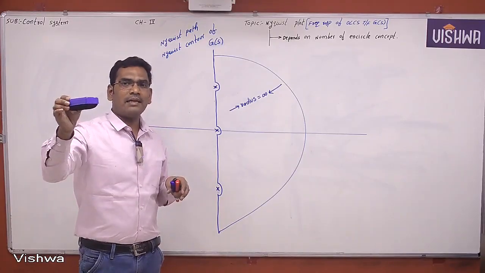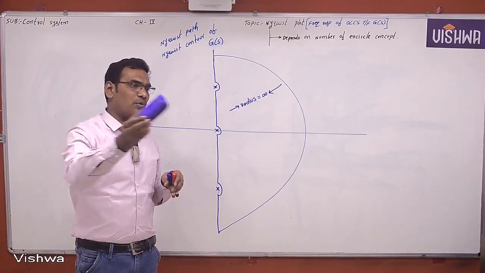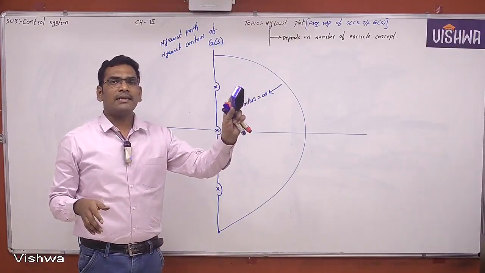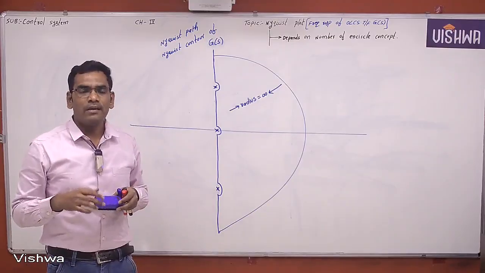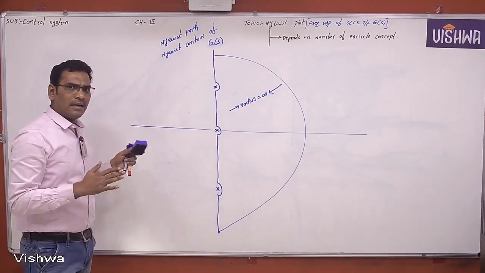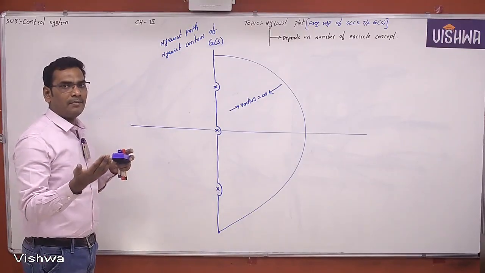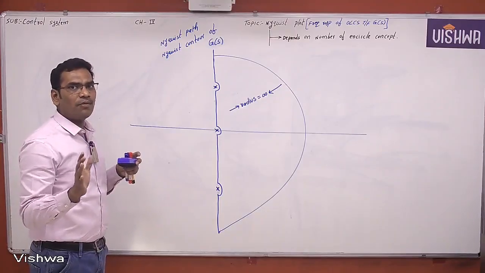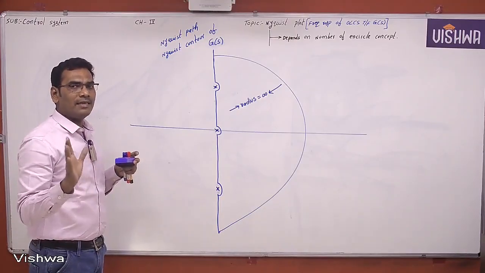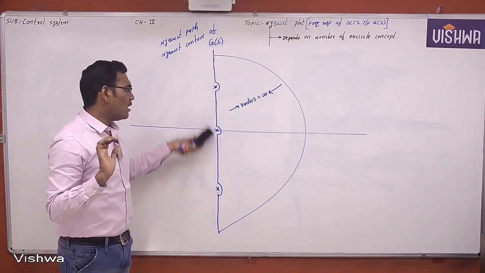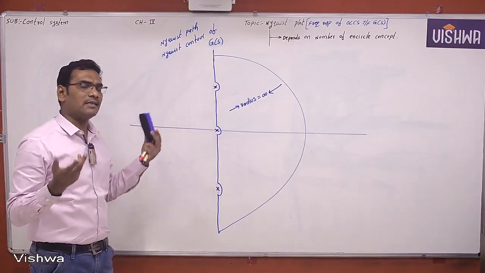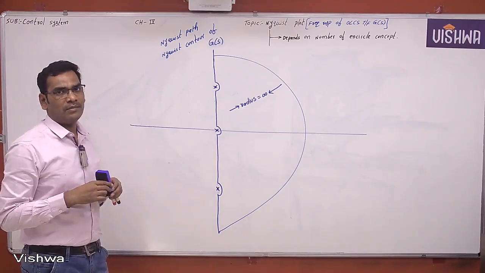It is concentrated on whether the system is stable, you can utilize it; if unstable, the decision is yours. So the Nyquist is exactly related to practical application. It is interested to find the system stability, whether the system is stable or unstable. That's why it is not concentrated on the poles which lie on the imaginary axis, and practically it is also not important for the marginally stable system.